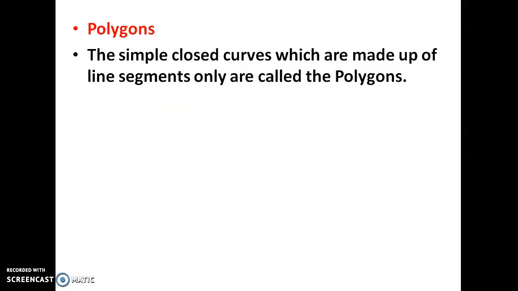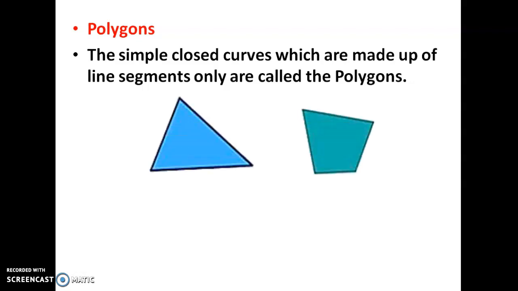So polygons are made up of line segments. Line segment, you already learned, has a starting point and an ending point. That's a line segment. So all these are polygons. It should be a closed figure and it should be made of line segments. Then only it is called a polygon.